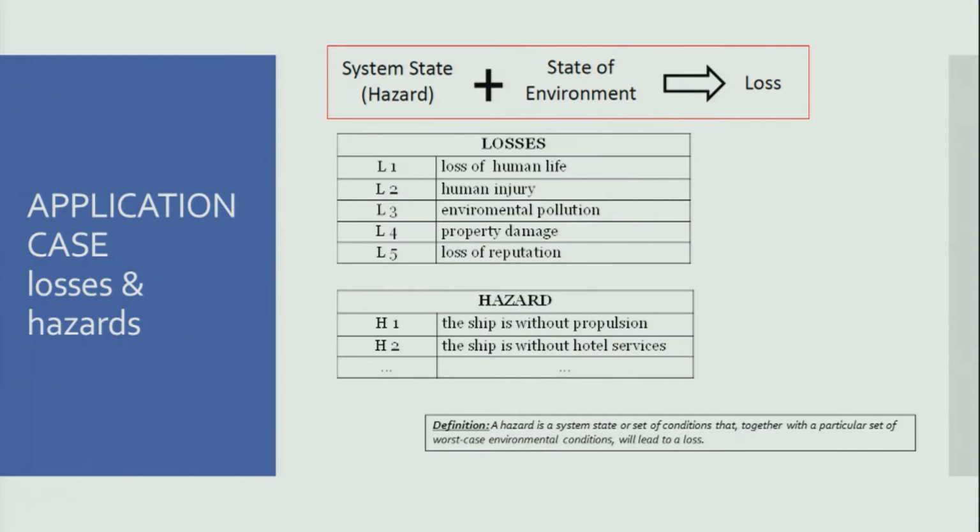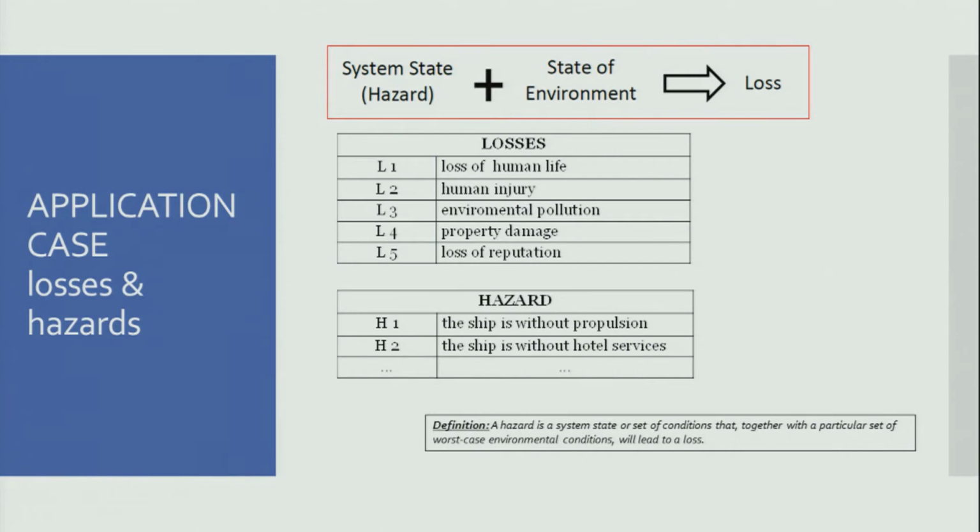As I told you before, it's very important to understand the difference between hazard and loss, because as technicians we can only work on hazards. For example, the hazards that we are considering are the ship without propulsion and the ship without hotel services. But for the purpose of this paper, we focus on the ship without propulsion.